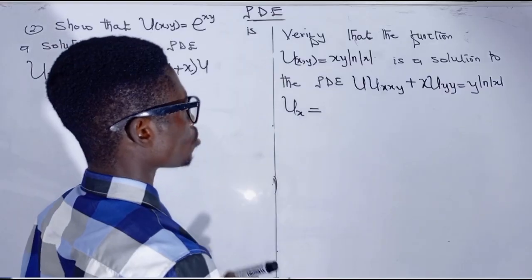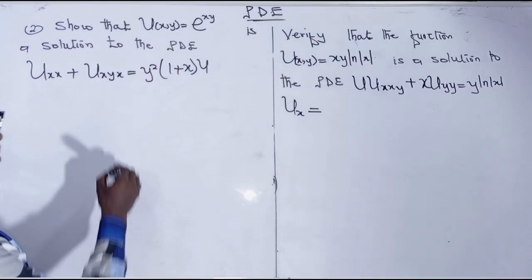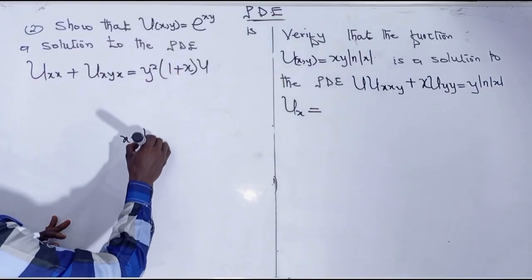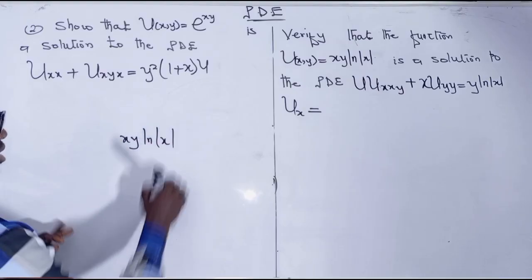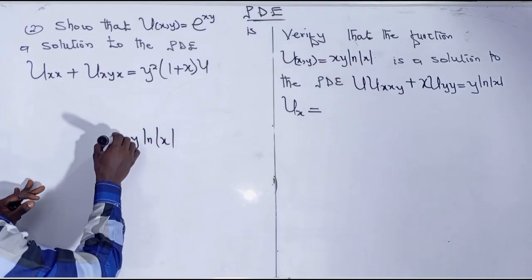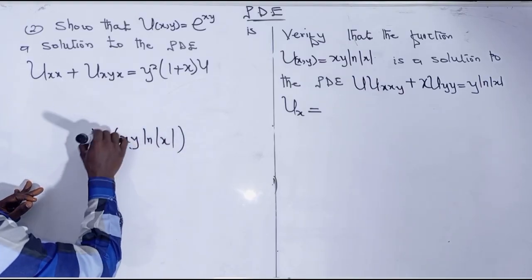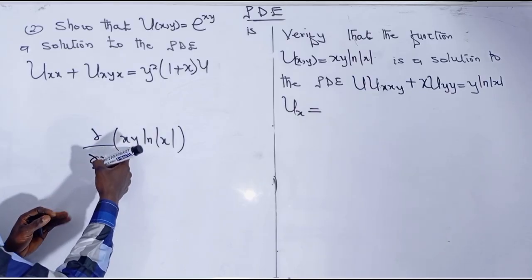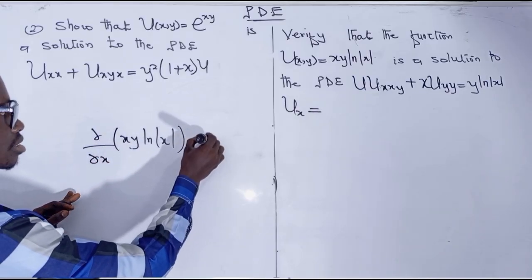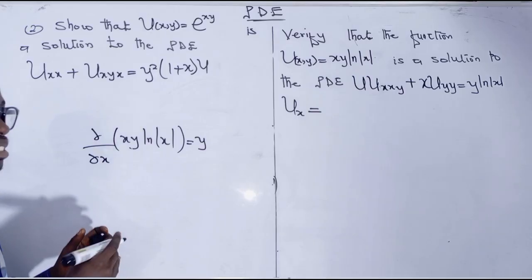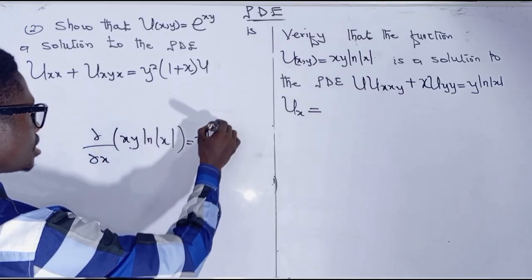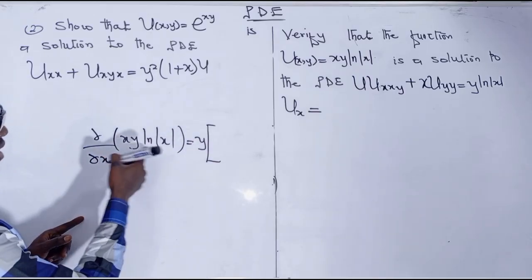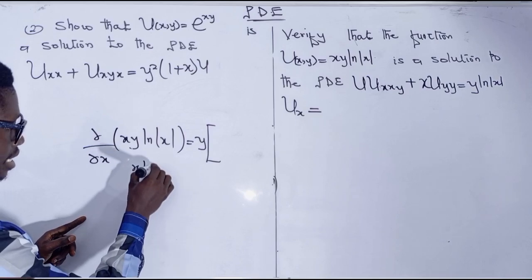So we have xy ln x. Since we are taking the partial derivative with respect to x, the function y becomes a constant, so we can write it or we can keep it. Then we'll be left with x ln x.